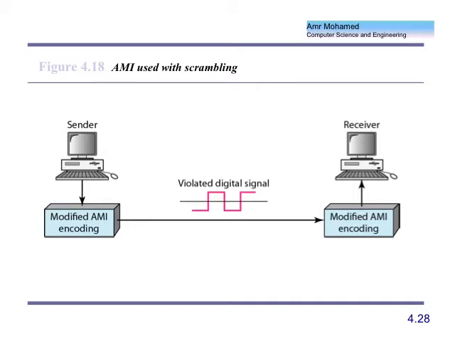So what scrambling does is that it actually tries to substitute the consecutive 0 patterns with another pattern which eliminates the consecutive 0 issue so that we can enhance the synchronization.